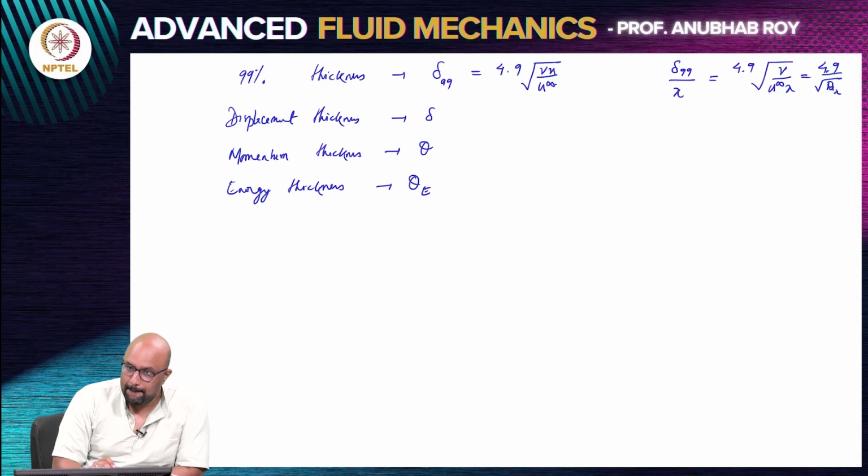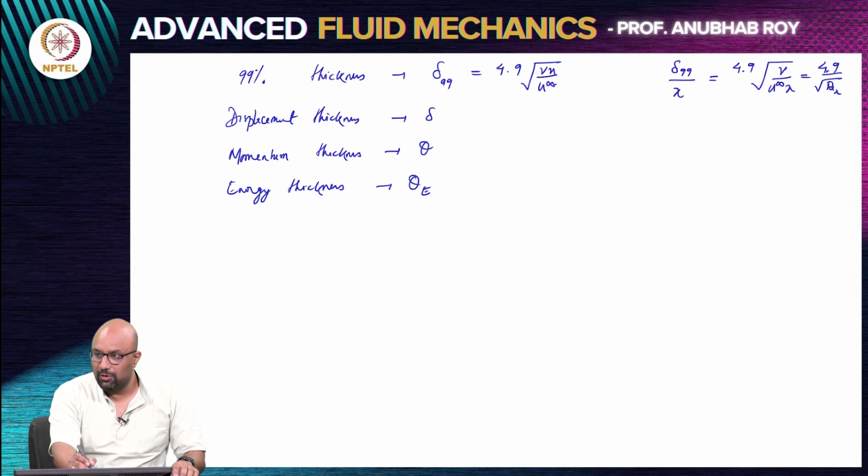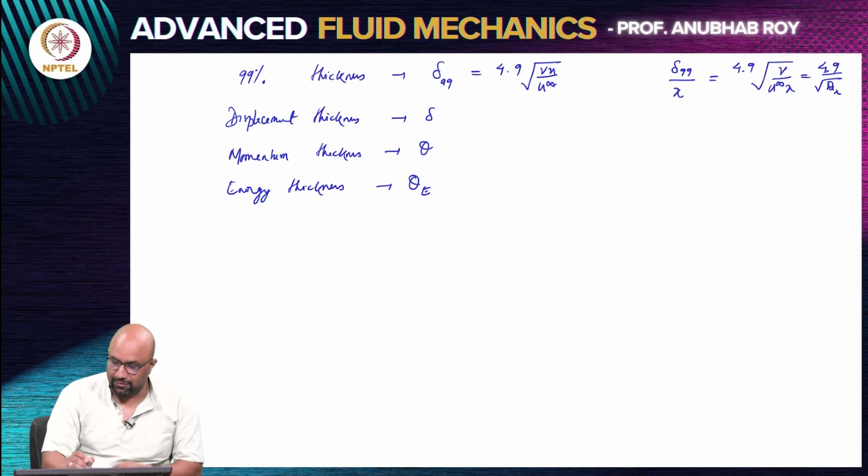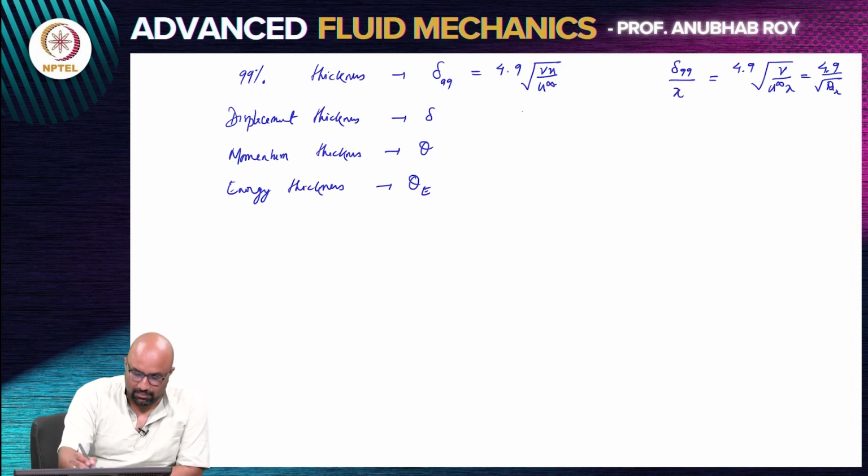Similarly, now you can compute the thickness based on the velocity profile. This was just taking the velocity profile, finding the location where it matches the 99% value. Where would you find the boundary layer velocity matching 99% of the free stream velocity? Then if you find using displacement, it will be 1.72 square root nu x by u infinity.